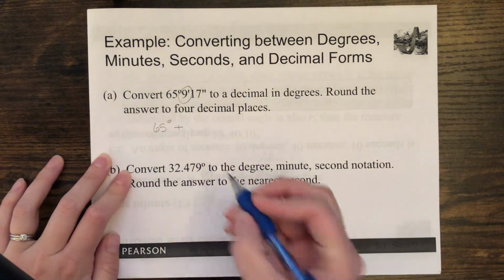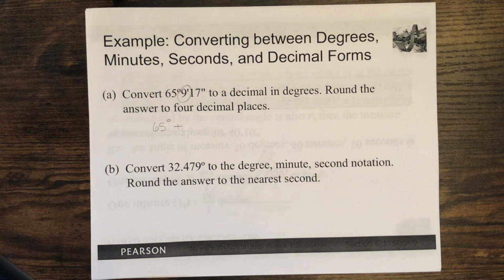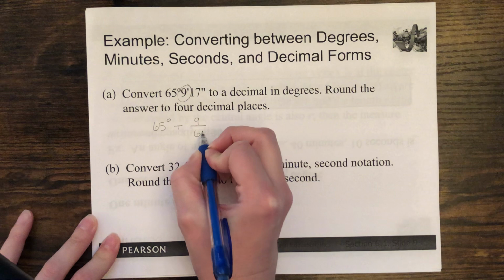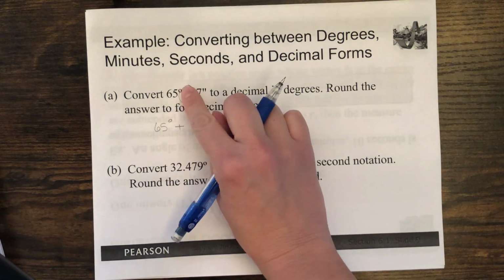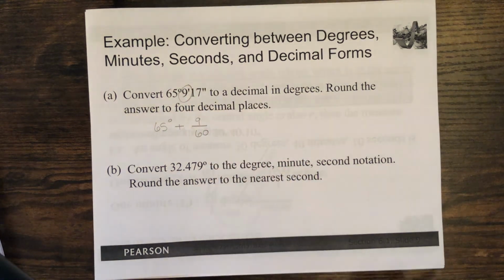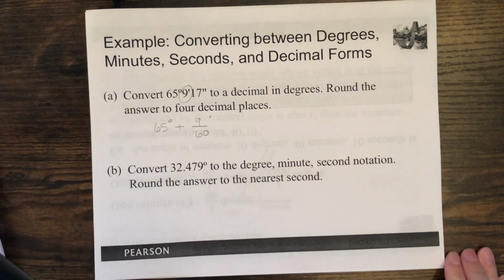Well, using my conversion that we just talked about, I could just treat that as 9/60. Why would I do that? What does that even mean? Well, what I'm trying to say is that, from using my conversion, 9 minutes would be 9/60ths of a degree.